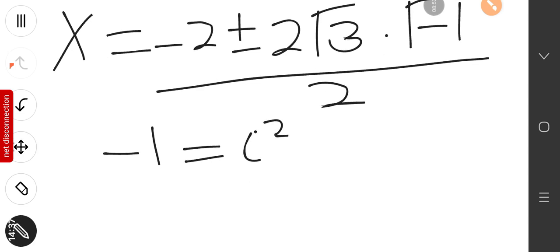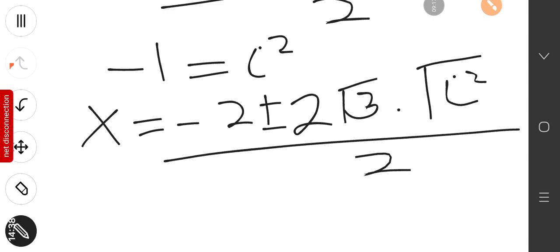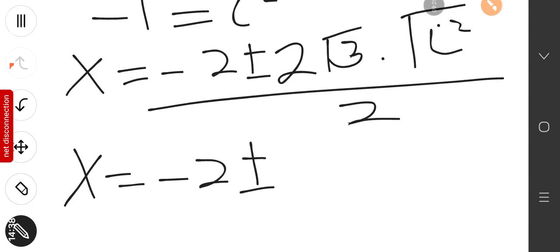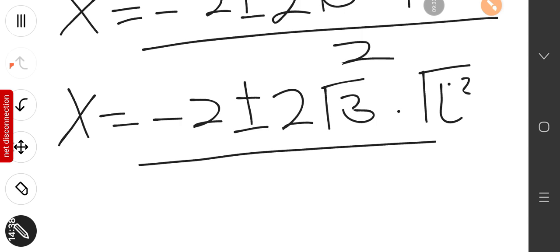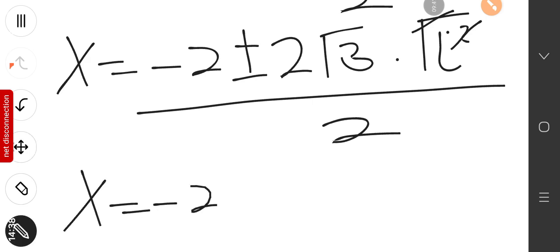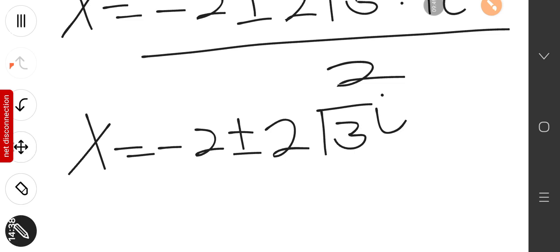So we can say x equals minus 2 plus or minus 2 root 3 times the square root of i squared, all over 2.